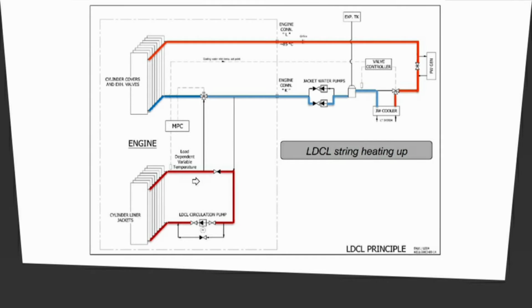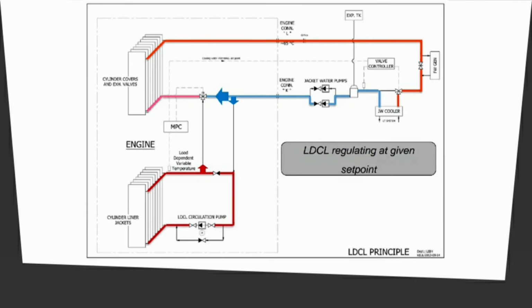In this diagram, you can see that the jacket and the cylinder cover line circuits are separated from each other by a three-way valve. In the next diagram, you can see that the regulation of the three-way valve causes water to recirculate in the jacket liner system, or it can be sent back to the cylinder cover, which can again be cooled by the jacket cooler.